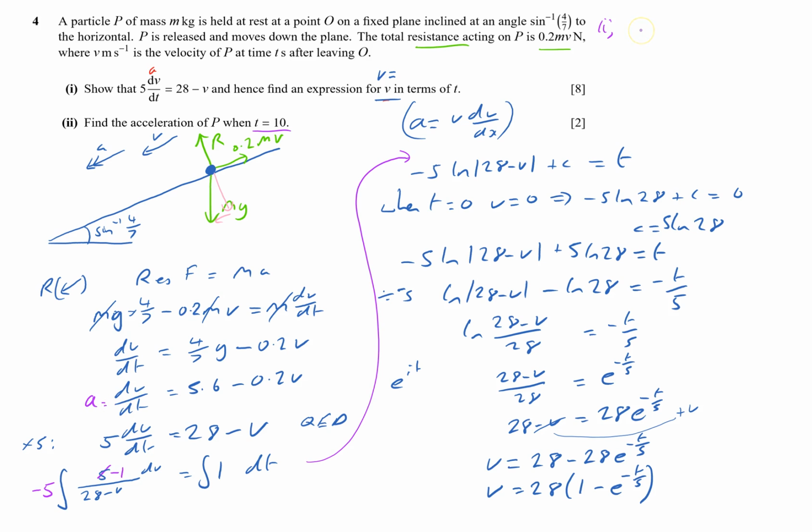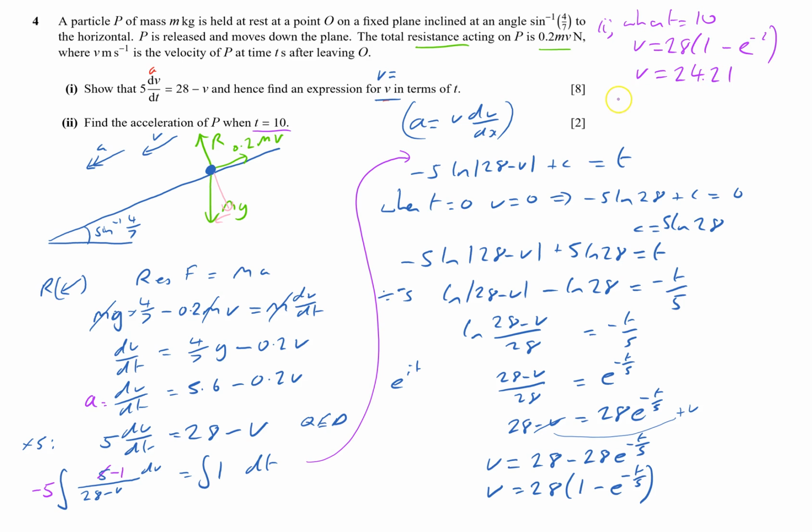So I've got to find v when t equals 10. So when t equals 10, it's straight in from here: v equals 28 times (1 minus e to the minus 2). And so v equals 24.21.